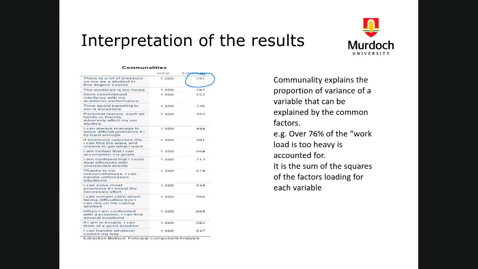The factor is a group of variables. So if you have a look, for example, the first variable is correlated with the group of factors at 0.75, which is really great. Now look at the second one, correlated at 0.67.